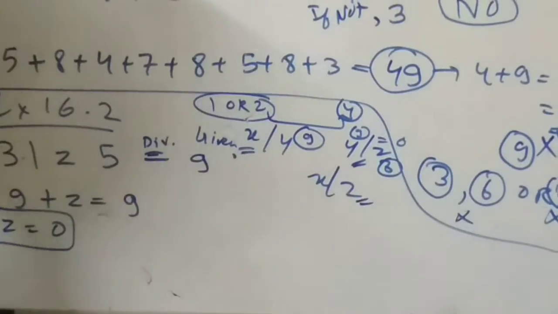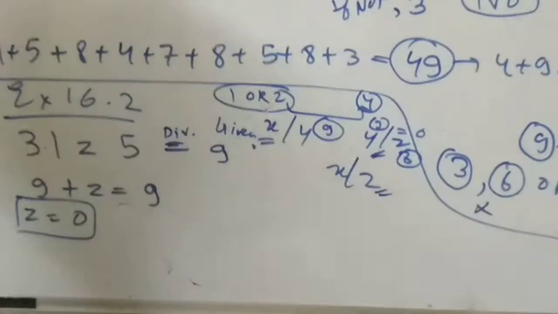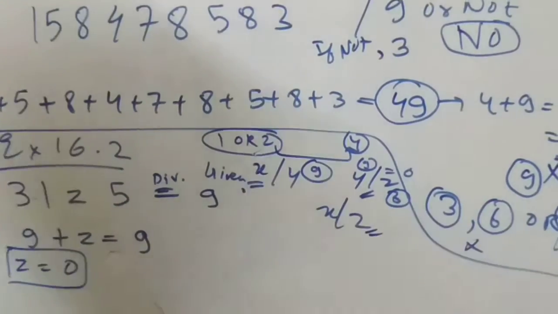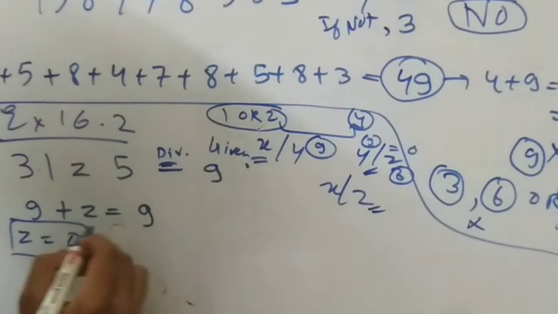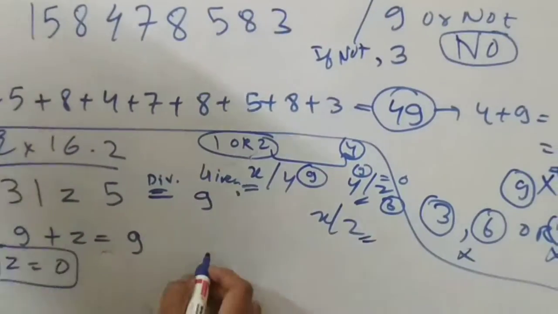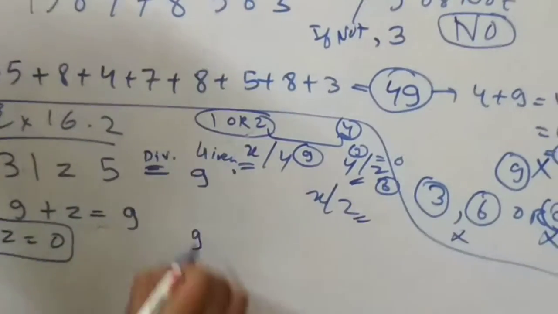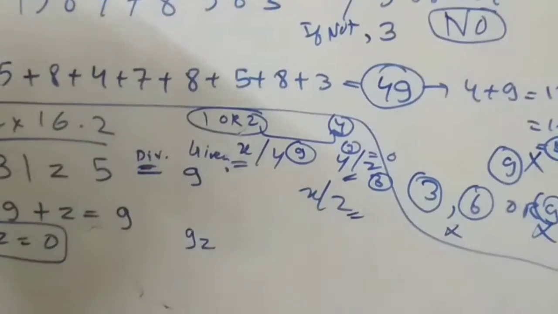How is it possible that two answers are there? Yes, in the question itself it is written that there are two answers. Now let's suppose I am writing here 9z. Don't consider this as a sum; instead consider 9z as a number.